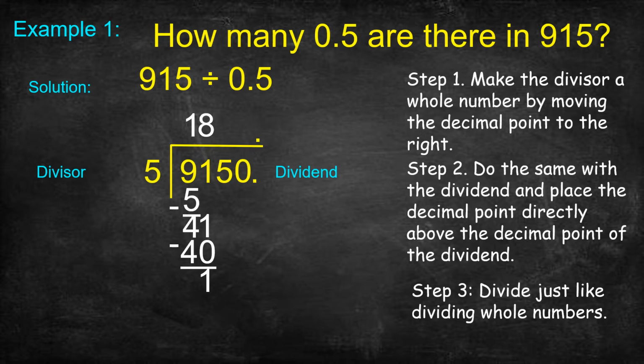And then, bring down again the next number, which is 5. So, this will become 15. 15 divided by 5, that is equal to 3. And then, 3 times 5, that is equal to 15. Subtract them, will give us 0.